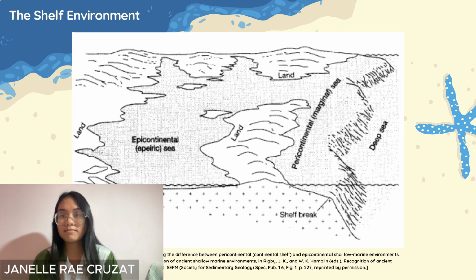So, let's keep in mind that pericontinental seas are found around continental margins, while epicontinental seas existed within the interior of continents, marking a stark difference in their location and role within the Earth's geologic history.